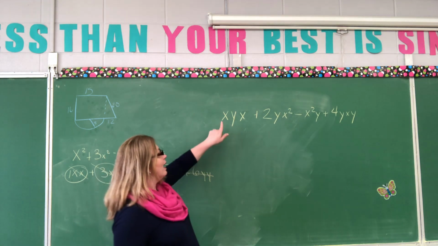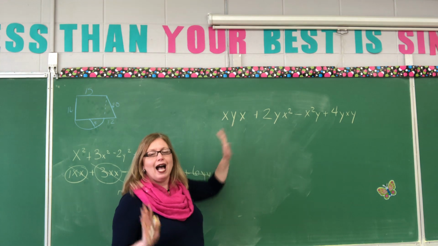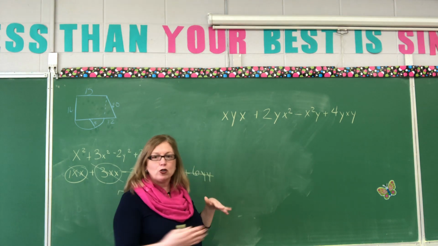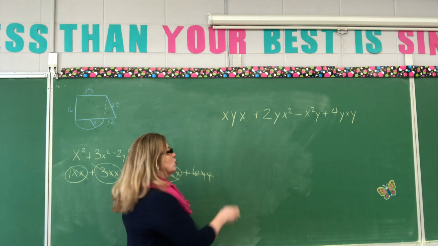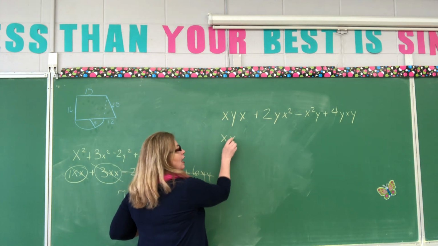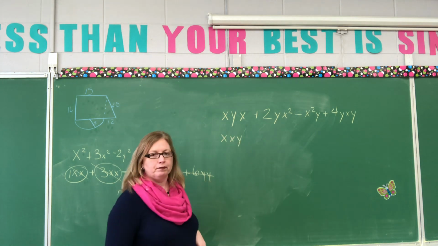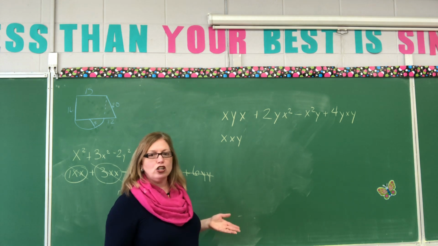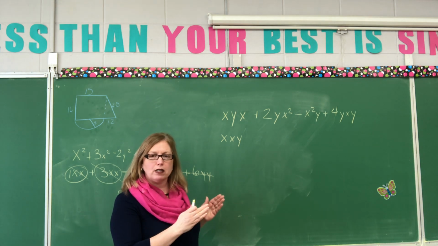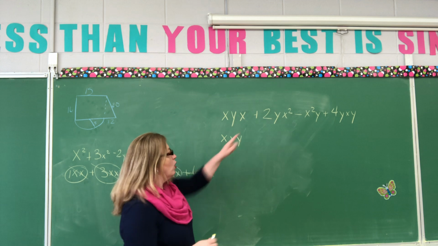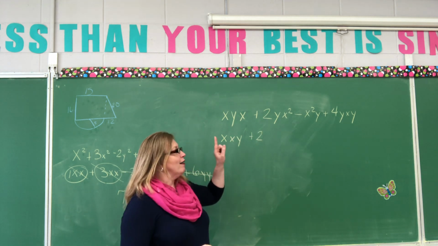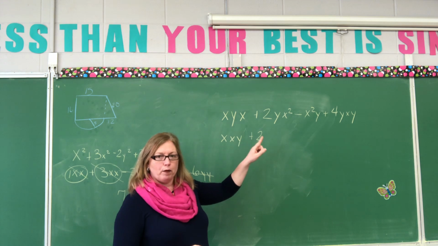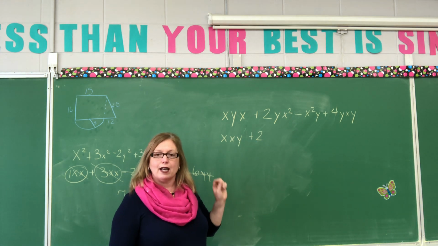For example, I have xyx. I'm a person, I like everything in order, so I'm going to move all my x's to the front, my y's to the back. So I'm going to say xxy. I didn't change the value, I just put the two x's in the front, the y right behind it. Go to the next one. I'm going to say plus, put your coefficient of 2. You have yx squared. Well, we're going to do the x's first. What does x squared mean?